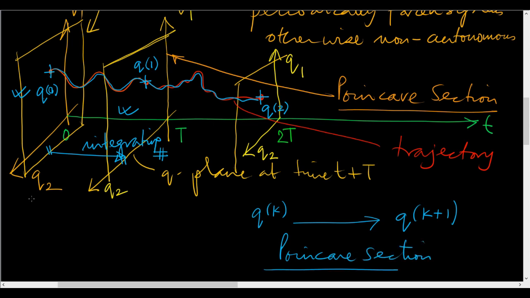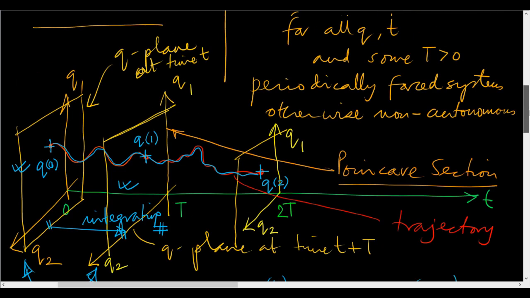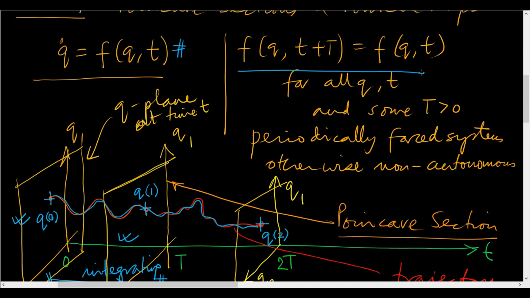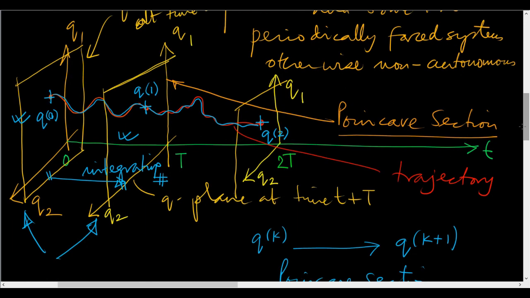Why am I saying that these two sections are identical or equivalent? That is because the dynamics is time periodic. So what happens is the rules that govern this initial condition moving to that, they are the same. So let me explain. Suppose I take this initial condition and it evolves and comes here to this triangle, and then this triangle evolves and comes here to this square.